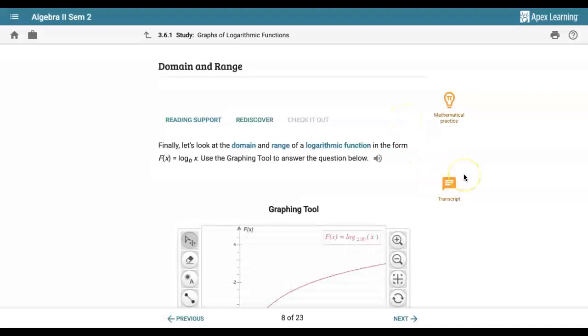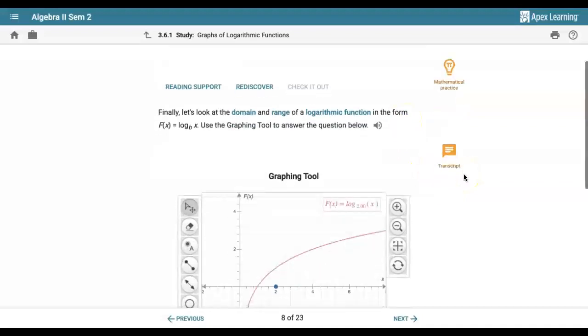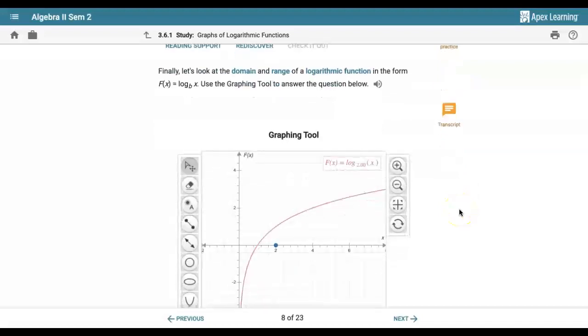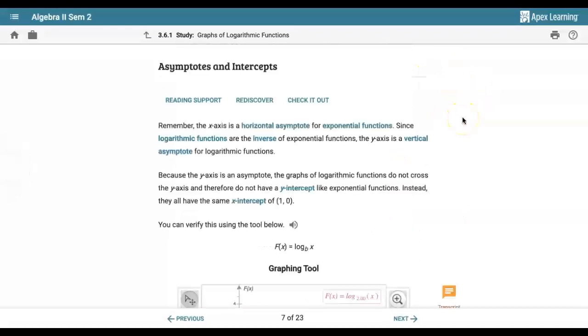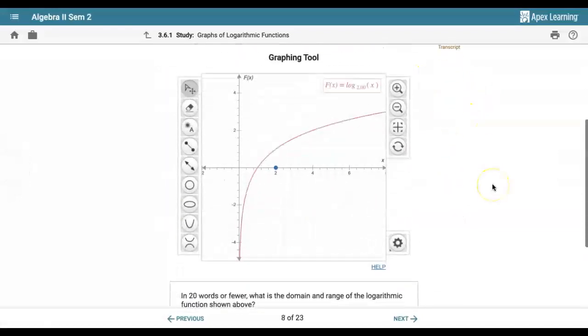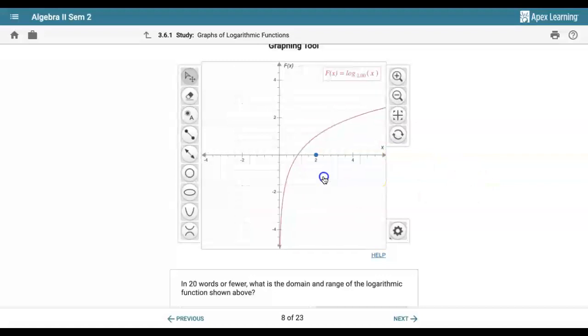Then if we look at our domain and range here, hopefully we're picking up some trends and realizing that we flipped across our x and y axes. So what we had for our domain in our exponential is now going to be our range in our logarithmic, and our range in our exponential is now going to be the domain in the logarithmic. Looking here, our domain is asking what can our x values be?